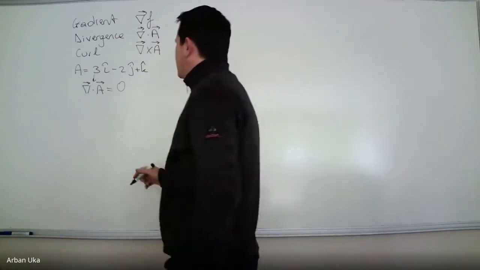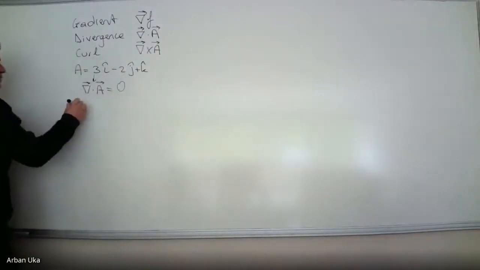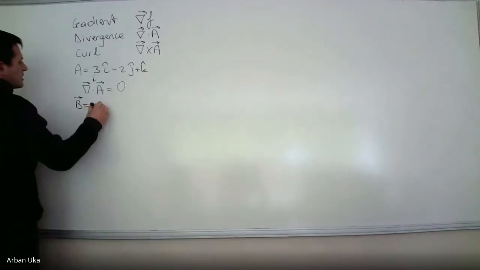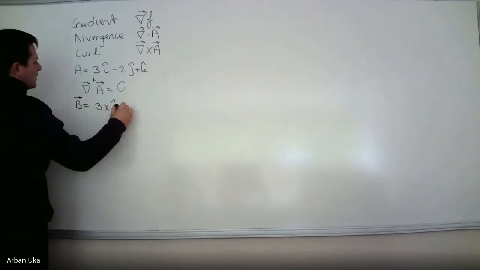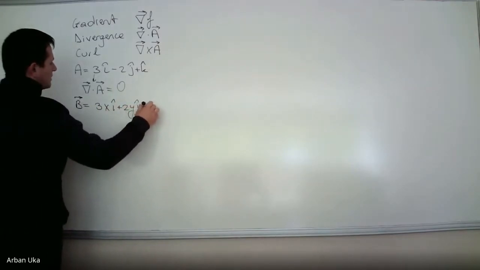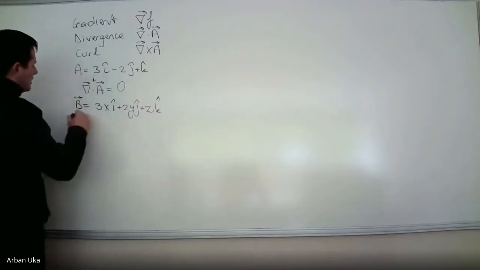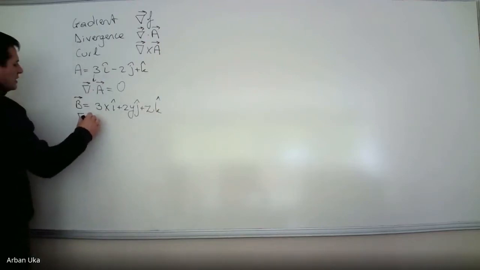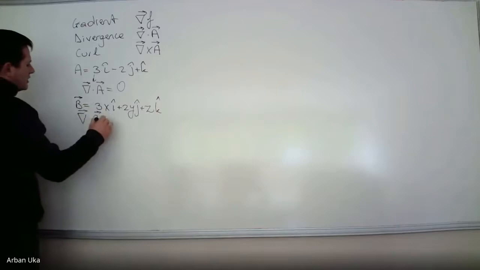But in case we have a vector B, where B is a variable such as 3xi plus 2yj plus zk, then we cannot immediately say whether the divergence of B is 0 or not.